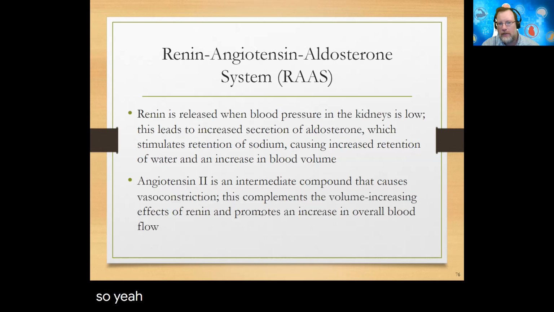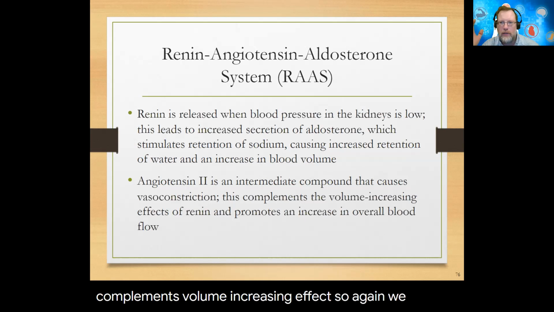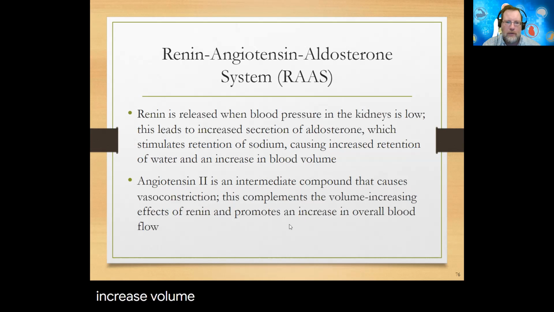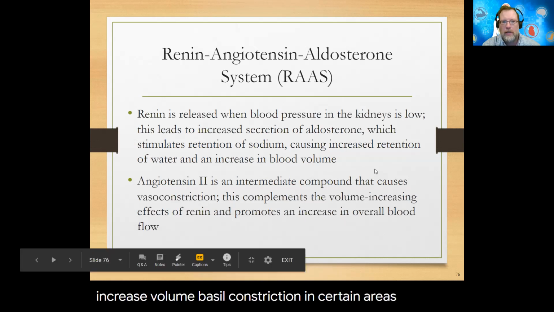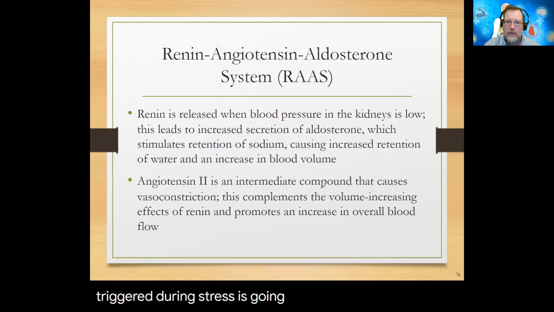So angiotensin 2 will cause some vasoconstriction, which complements volume increasing effects. So again, we want to increase volume, vasoconstriction in certain areas. Again, triggered during stress is going to cause an increase in overall blood flow.